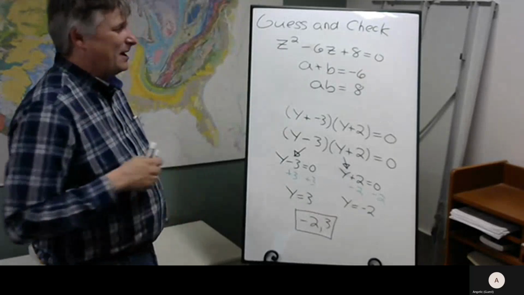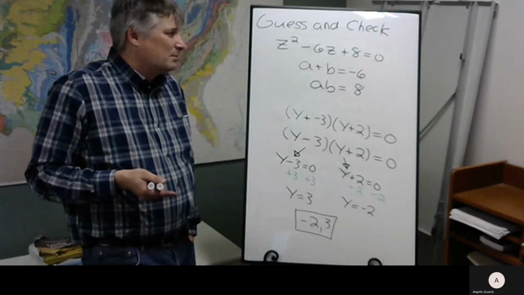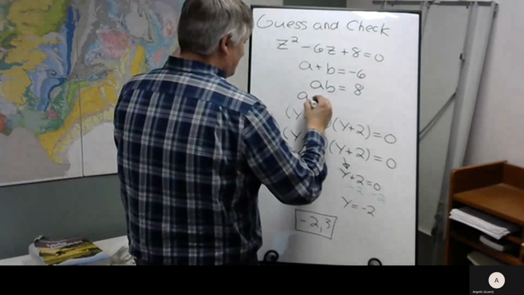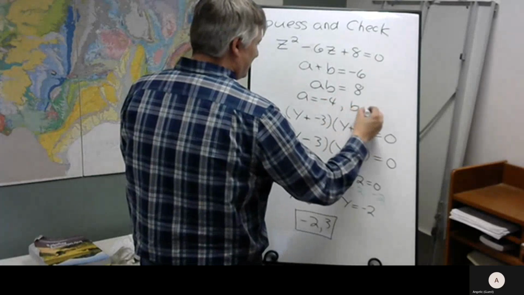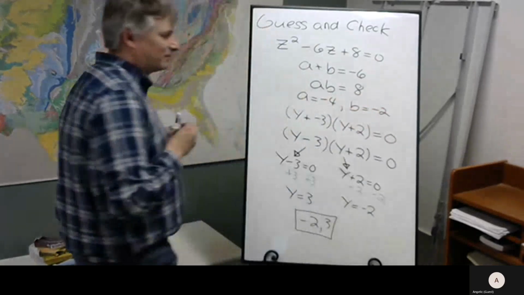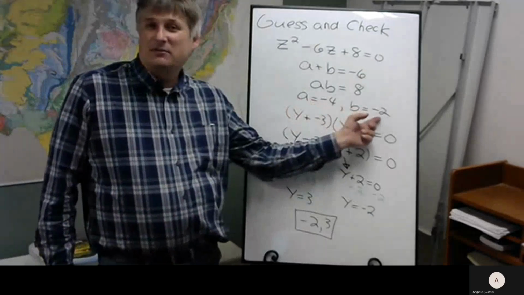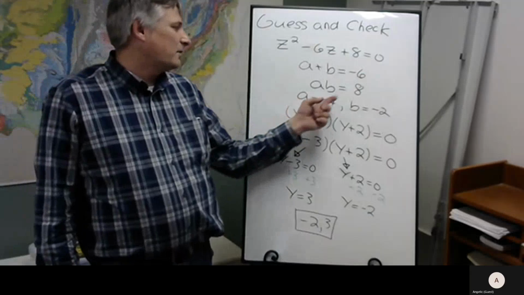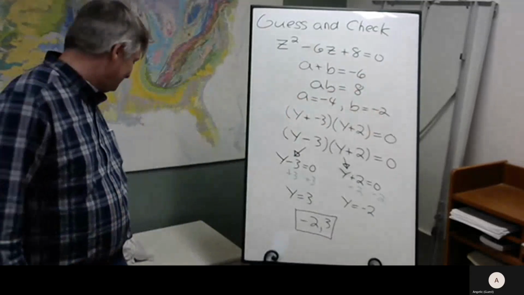So thinking about this, and again, you can use negative numbers here too, but if we let A be -4, and B -2. -4 plus -2 is -6. -4 times -2 is +8.